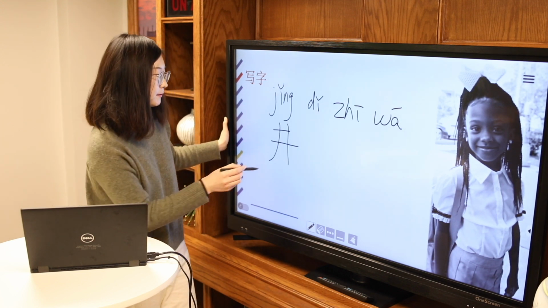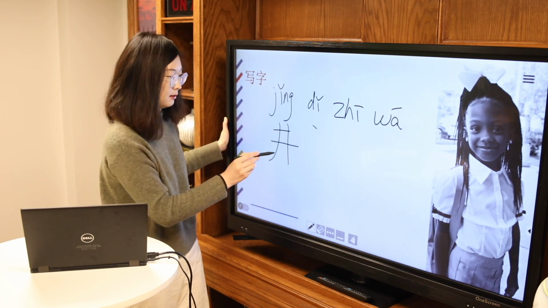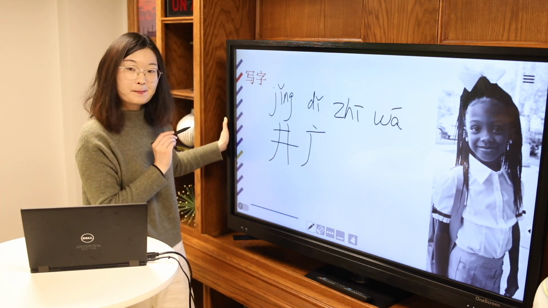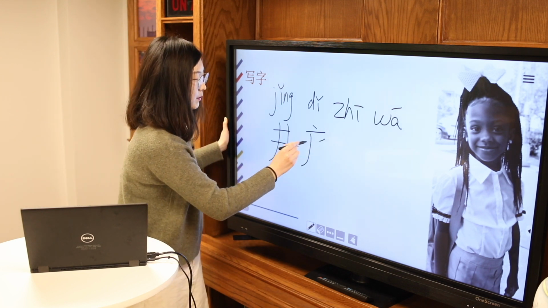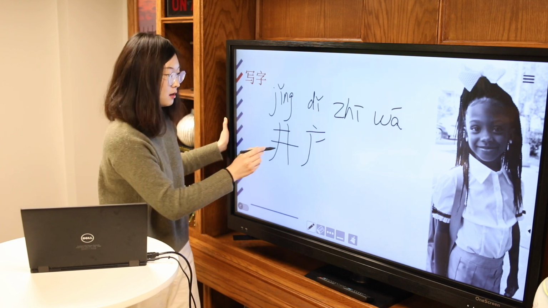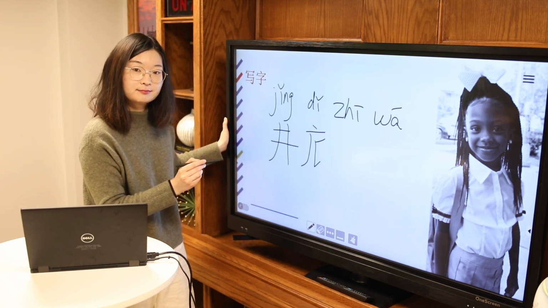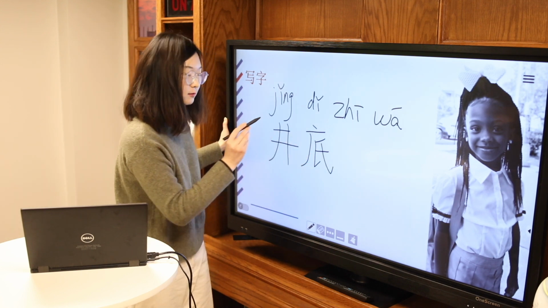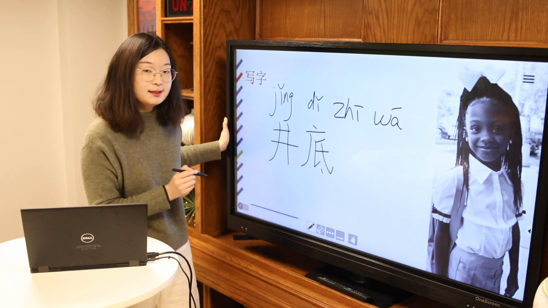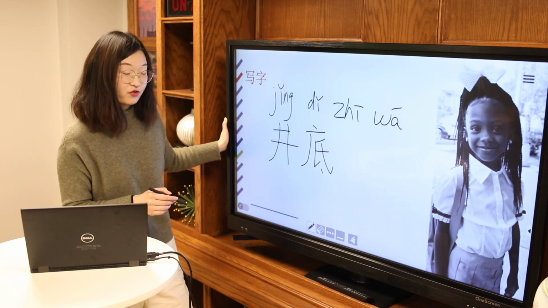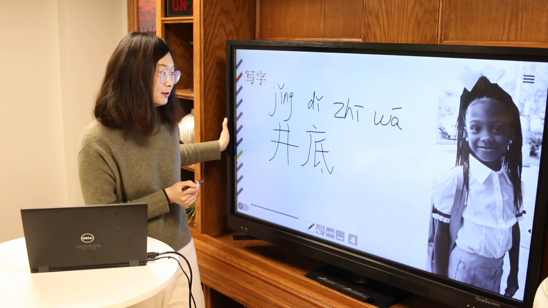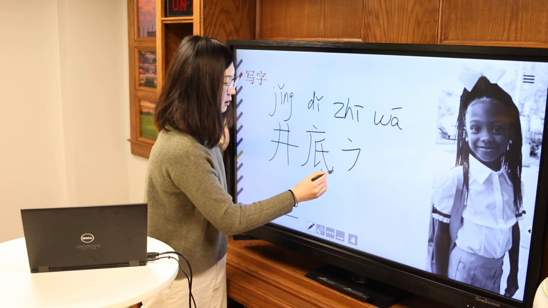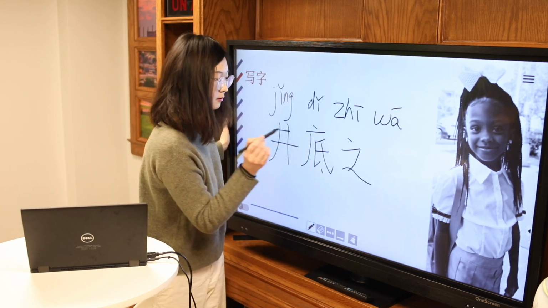Okay, 底 点横撇撇竖横横斜钩点. 底 means bottom, so the frog was living at the bottom of the well. 之 点横着斜钩.